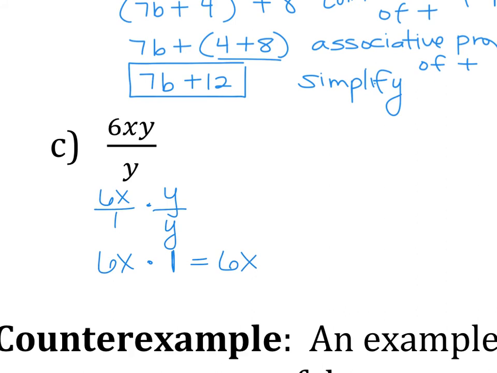When you multiply something by 1 and you get the same thing back, which property is that? I started as 6x, and I did not change. It's who I am, my identity. So that's the identity property of multiplication. Okay? Questions on that?